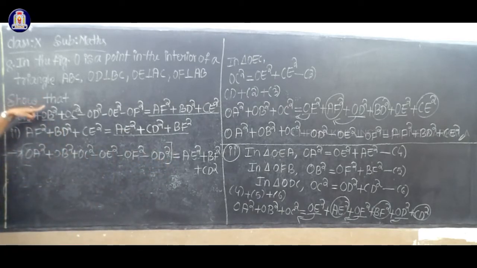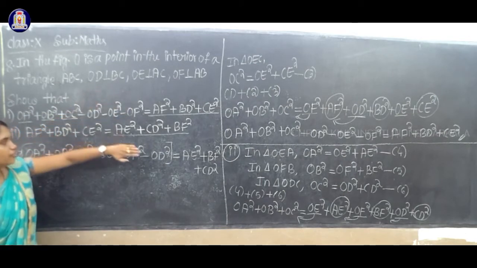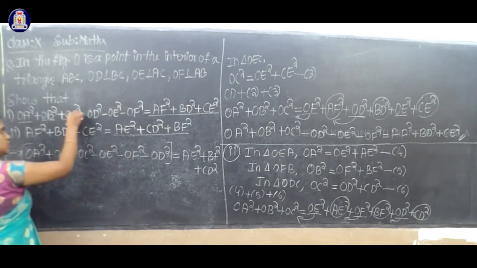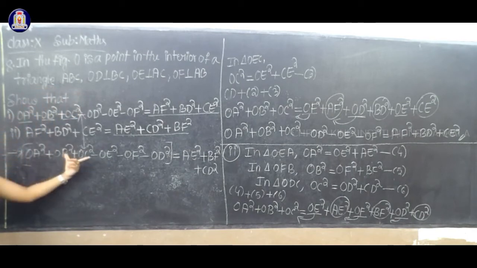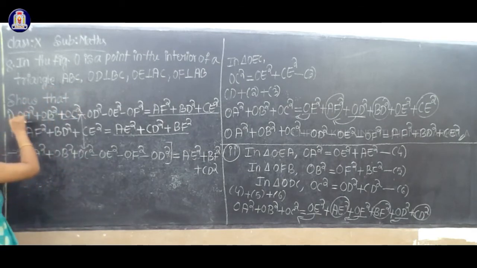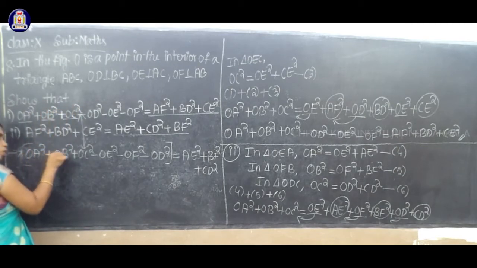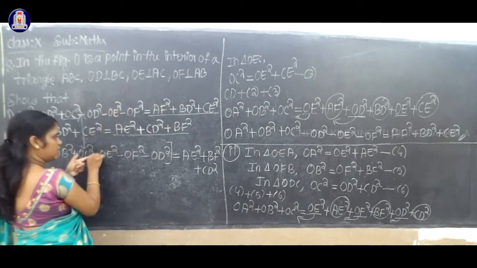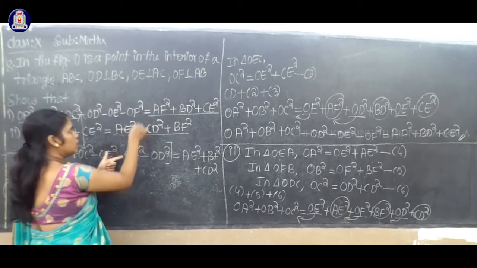Just look at your question number 1. The left hand side of question number 1 and the left hand side of this newly formed equation, whether both are the same. Yes, see, OA square plus OB square plus OC square minus OE square minus OF square.